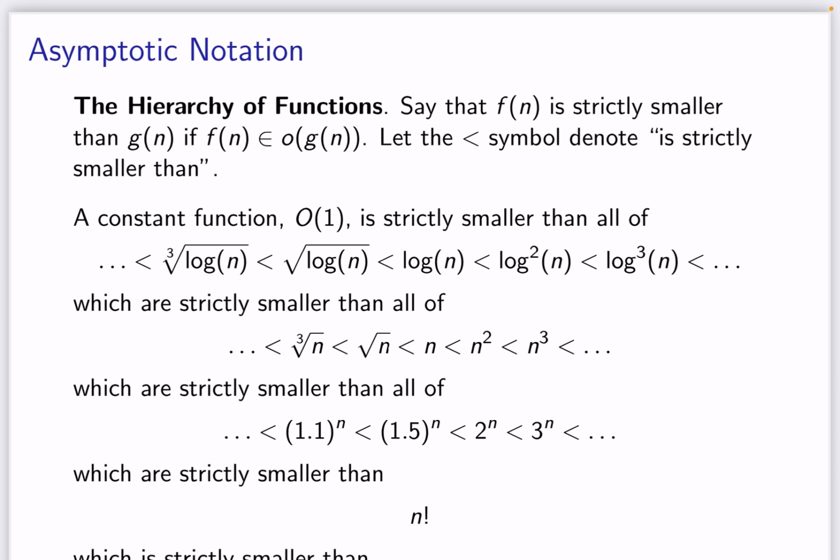Now recall the hierarchy of functions. This slide is kind of like a summary of the whole week and last week. The next one is too. But we have the desire to sort functions.